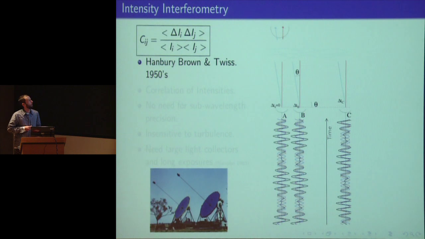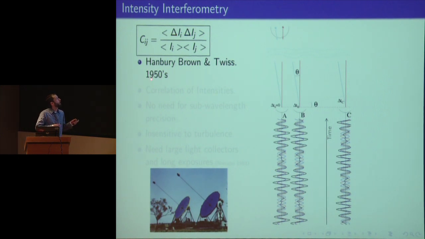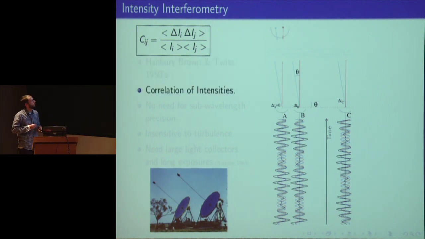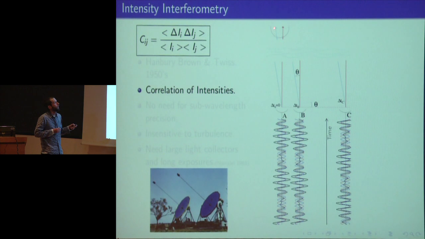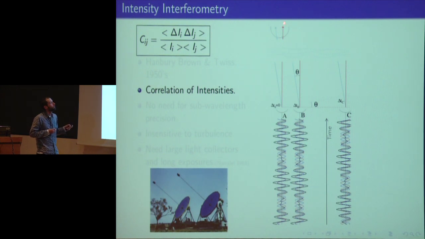Now, this technique of finding the correlations between two subapertures was introduced by Hanbury Brown and Twiss in the 1950s. So as I said, it consists of correlating intensities, and it can be understood classically. Imagine a star emitting light at two slightly different frequencies from two slightly different points.